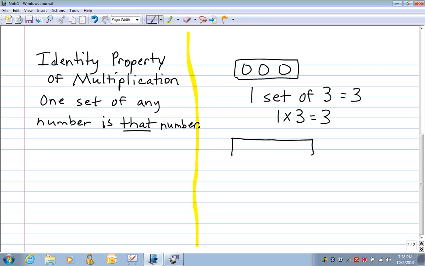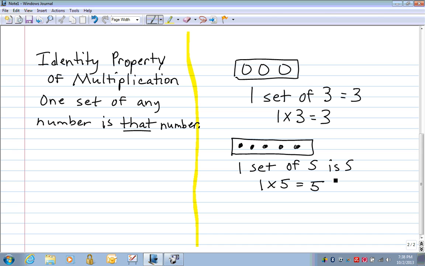Another example, I have a box with 5 golf balls. I have one set of 5. So 1 times 5 equals 5.